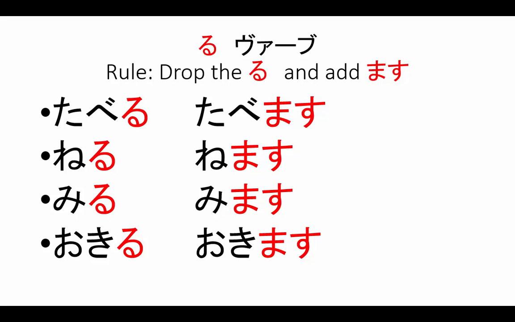Okay? What about tabemasu? It means to eat, and it means that you're either going to do it in the near future, or you do it habitually. So it's like the simple present tense or the simple future tense in English. In simple present tense, that means, for example, I eat, he eats, she eats, they eat, right? In Japanese, that's tabemasu, tabemasu, tabemasu, tabemasu.